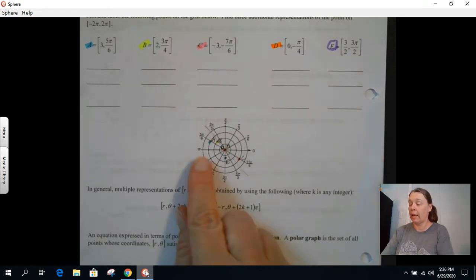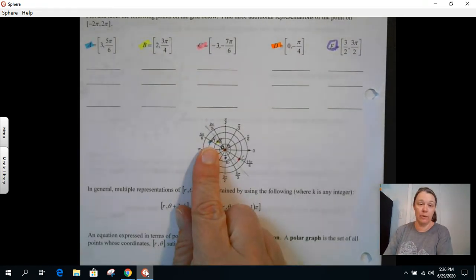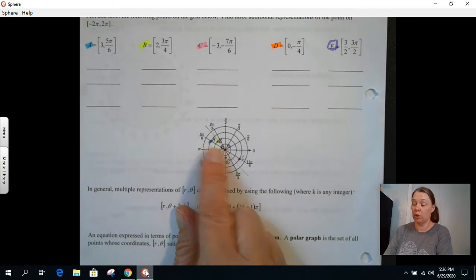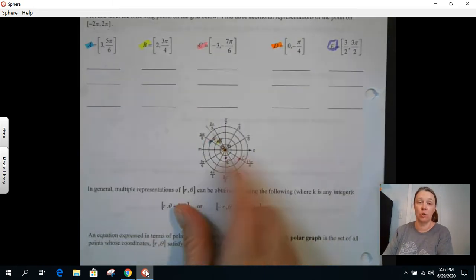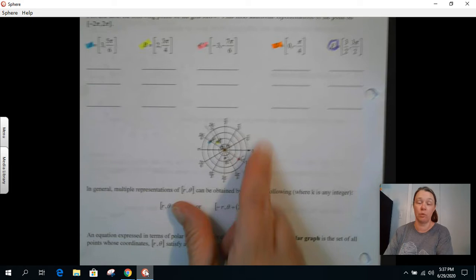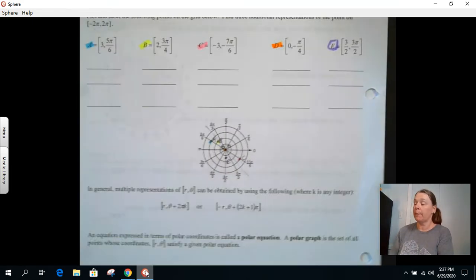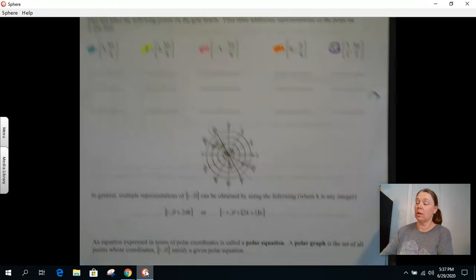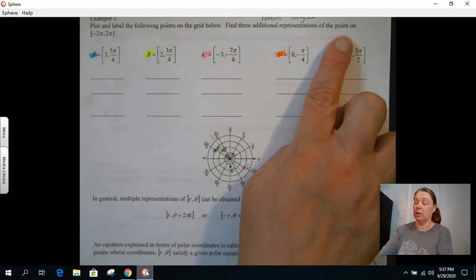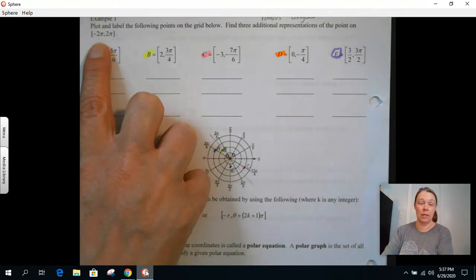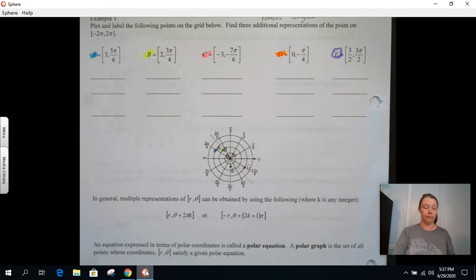So for point A, it was named 3, 5 pi over 6, but what I could do is keep adding multiples of 2 pi and subtracting multiples of 2 pi and get more and more representations of that point. Now the directions here said specifically to give 3 additional representations on the interval from negative 2 pi to 2 pi, and that's what we're going to do next.